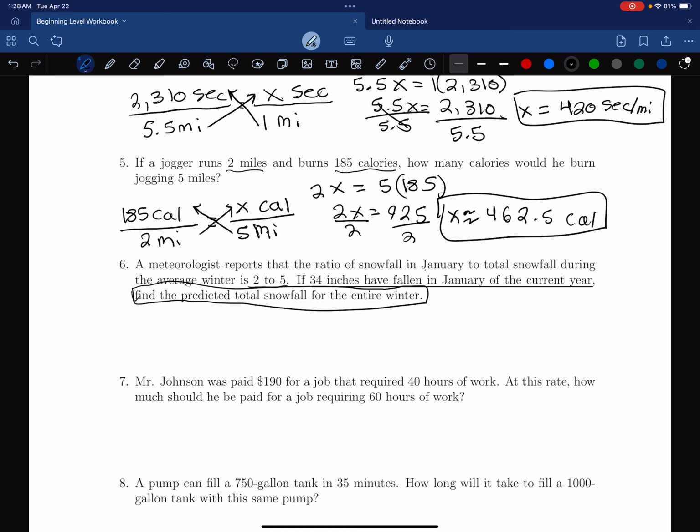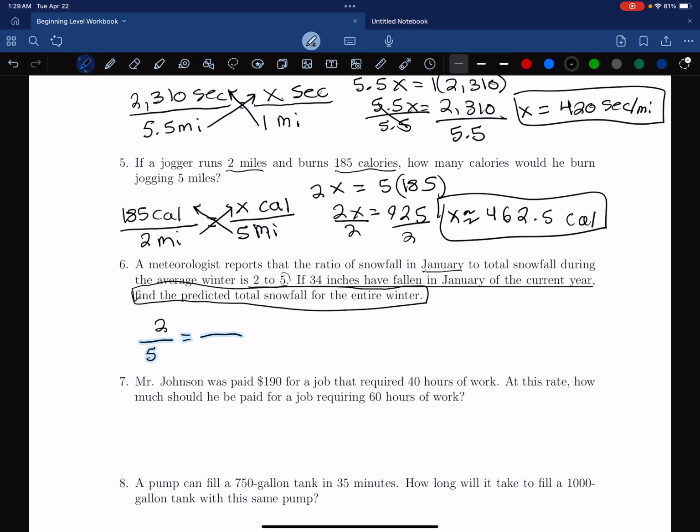The number 2 represents the snowfall in January, and 5 is the total amount of snowfall in the entire winter, so we set the ratio with 5 as the total value and 2 above it as the partial value.